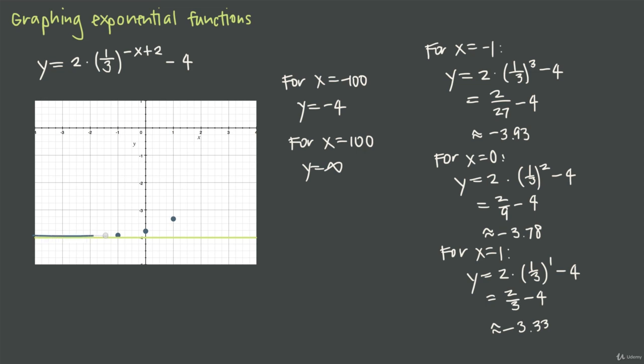So it's skimming along the horizontal asymptote, and it hits these 3 points here. And then as x gets large, the curve is going to tend up toward positive infinity, so it might look something like this.